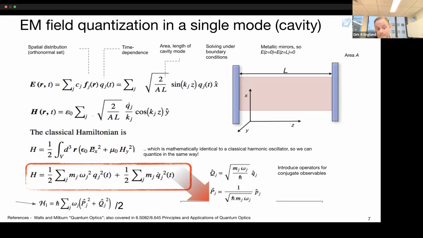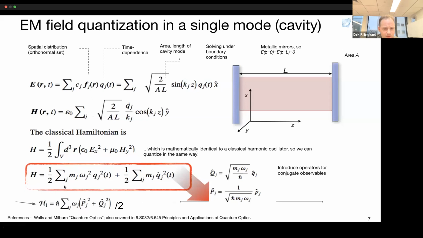So this looks just like that, doesn't it? In fact, it's mathematically identical. So we can recast it in a way that people had already gone through the effort of quantization, and then we will have succeeded in our quantization of the electromagnetic field.